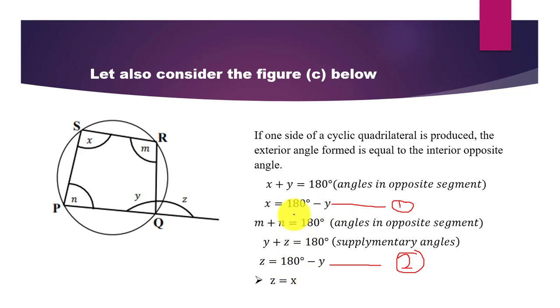The right hand side of equation 1 is 180 degrees minus Y, and the right hand side of equation 2 is also 180 degrees minus Y. So they are equal. This means we can equate the left hand sides, and by so doing, we get Z is equal to X.